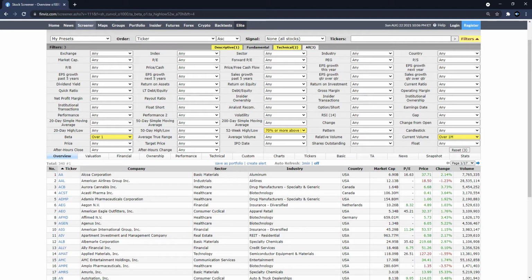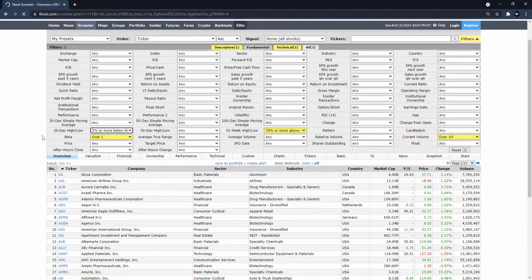Also, when I'm looking at the chart, we're going to be covering the simple moving averages: the 200-day simple moving average, the 50-day simple moving average, and the 20-day simple moving average. Also, we want the 20-day high/low to be 5% or more below the high. We can fill this up right now.